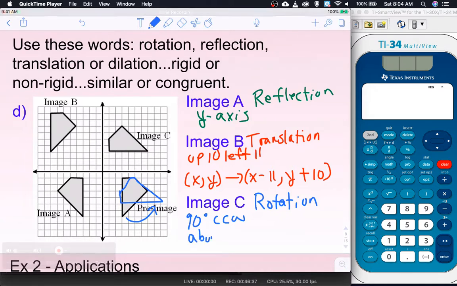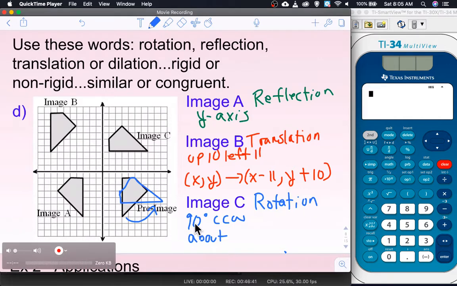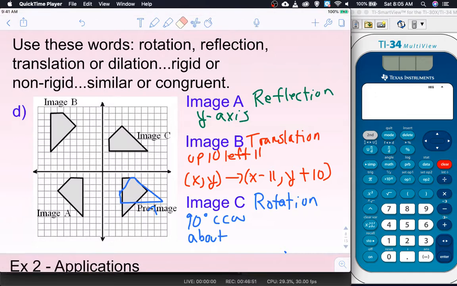About what? Where's the center of this dilation? I'm sorry, the center of this rotation. Well, if it's not one of these four corners, one of the corners of the object, it's probably the origin. And I can check it by doing a little Notability magic here. Let me turn him back. Trying to get him at least mostly lined up. All right.